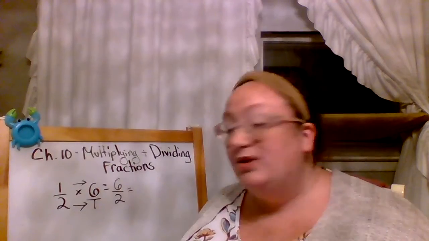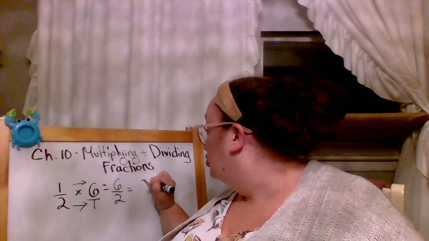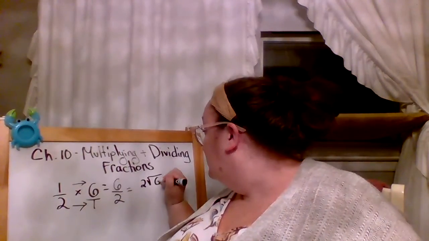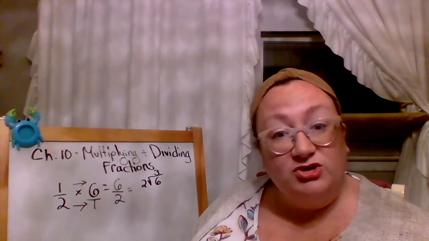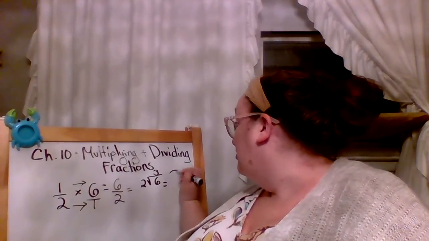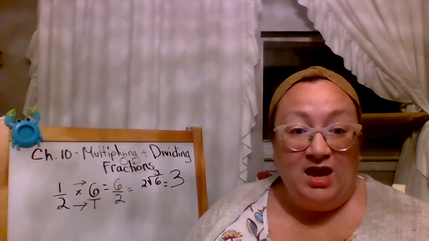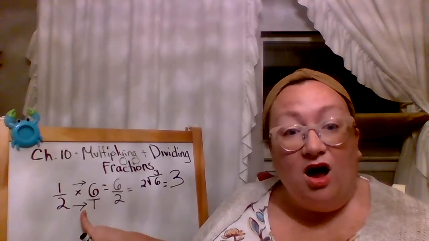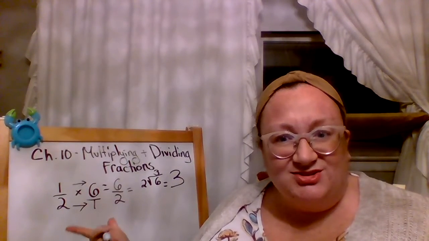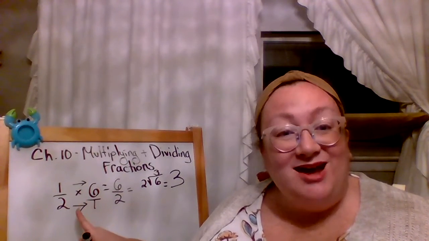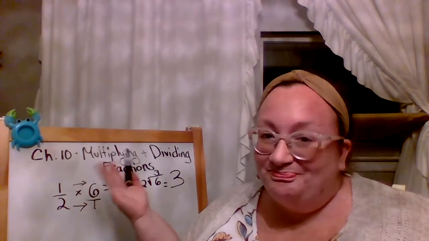So I simply do a division problem. 2 goes into 6 3 times. So 6 over 2 is the same as 3. So 1/2 of 6 is 3, which makes sense, right? Half of 6 is 3. So 1/2 times 6 is 3.